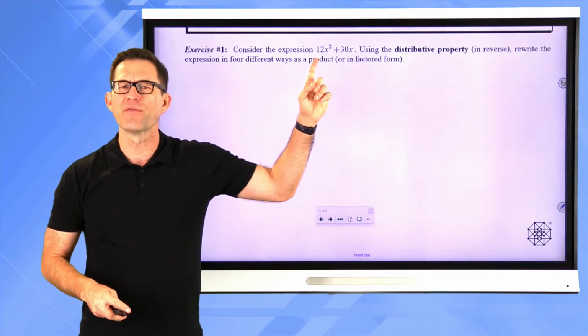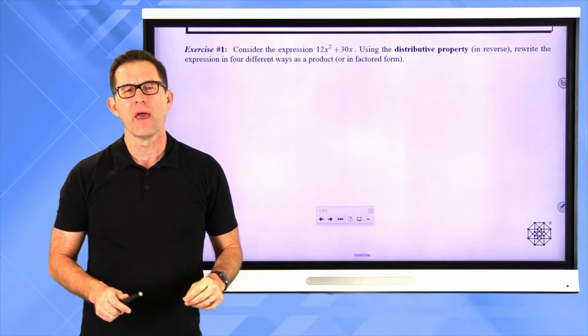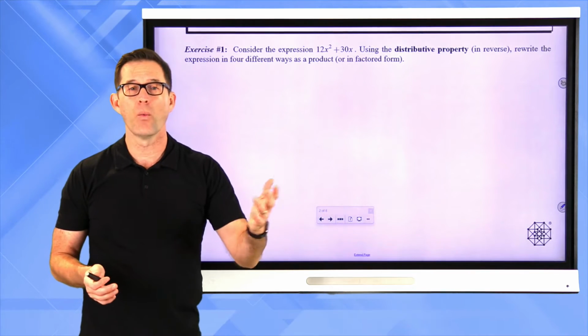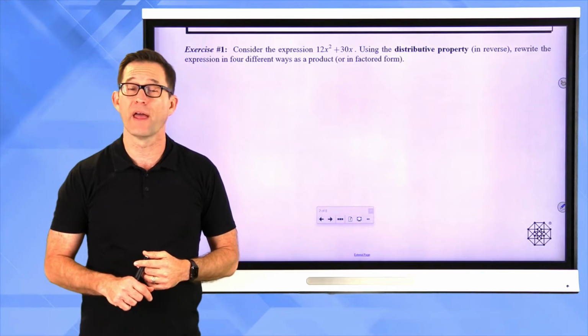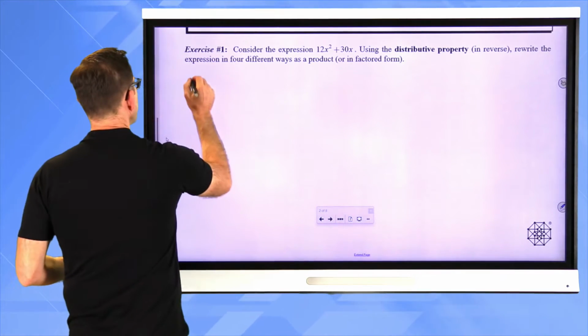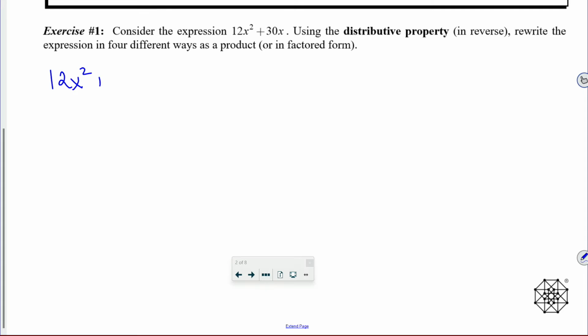At the numbers, we've got 12 and 30, right? And I want to think about, let's say, a common factor of 12 and 30. Well, one nice common factor of both 12 and 30 is the number 6. So I could actually rewrite 12x squared plus 30x. I could write that as 6 times 2x squared plus 6 times 5x.